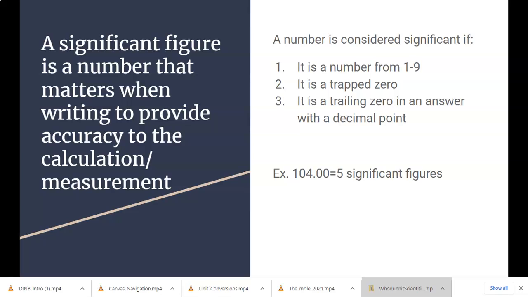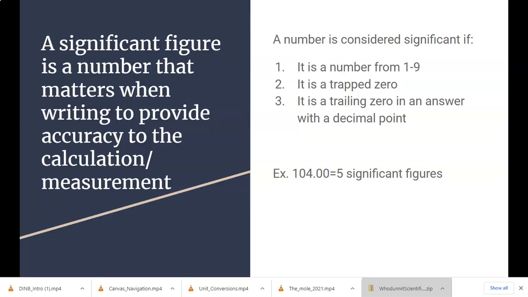In order for it to be significant, it has to follow one of these rules. Either it needs to be a digit 1 through 9, so 1, 2, 3, 7, 8, 9, one of those things. If it's one of those, it's significant. It counts all the time.